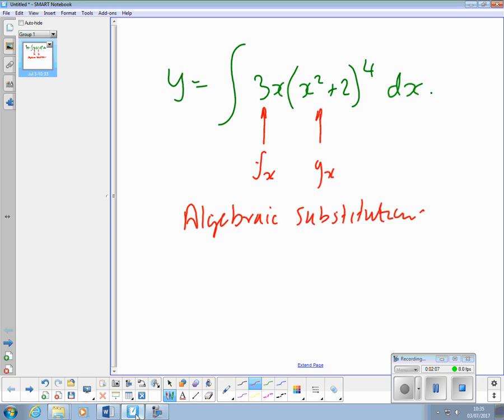Because we've got a situation in here where we've got a function raised to a power. So we let u equal the bit in brackets.